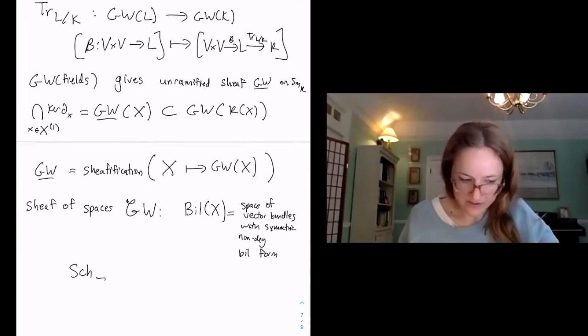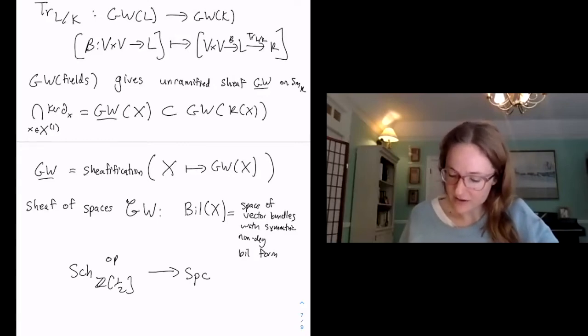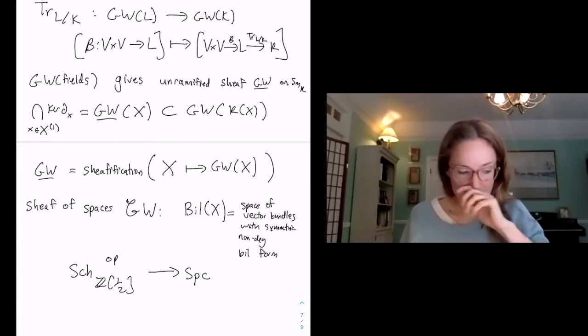So let's let 1/2 be invertible. Let's let these be schemes over Z[1/2], and have this be a sheaf valued in spaces.